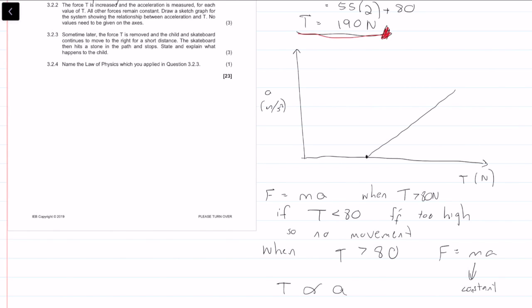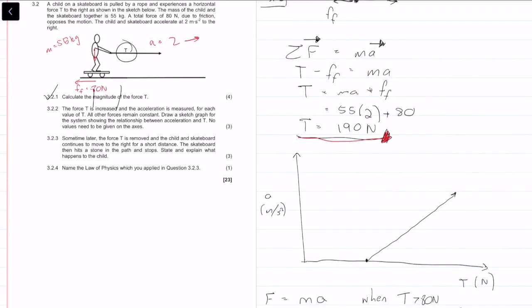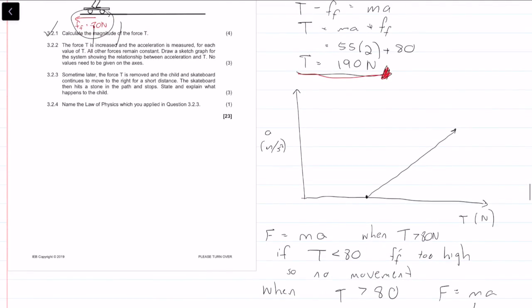I hope you guys understood that. There's a little bit of thinking that had to happen there. But essentially, let me go over it quickly. Because there's friction acting on this person, until we reach 80 newtons, this person cannot move. They're not moving because the force of friction is too high. So if they're not moving, the acceleration is 0, so this graph basically is flatlining the axis.